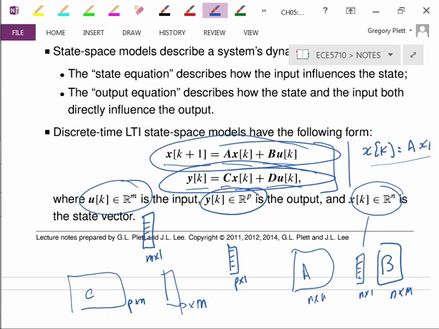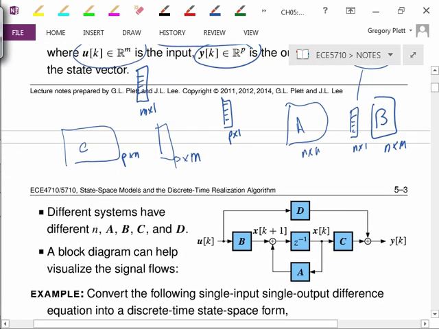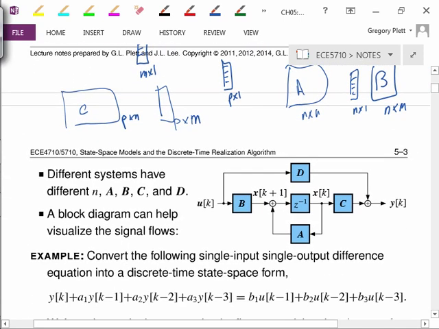In any case, this is what we call the state space form, a very important form. The only difference between two different systems that are both modeled in state space form are the dimensions of the state, and I suppose also the dimensions of the input and output vectors, and the A, B, C, and D matrices.